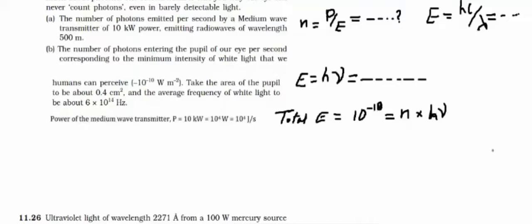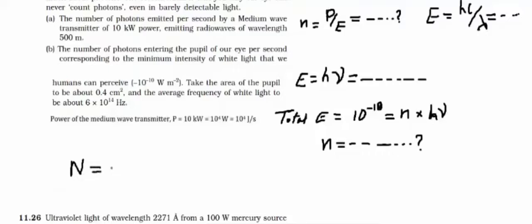So from this equation, you can find the value of n, the number of photons per second per unit area. Once you get that, you can calculate the total number of photons entering the pupil per second.